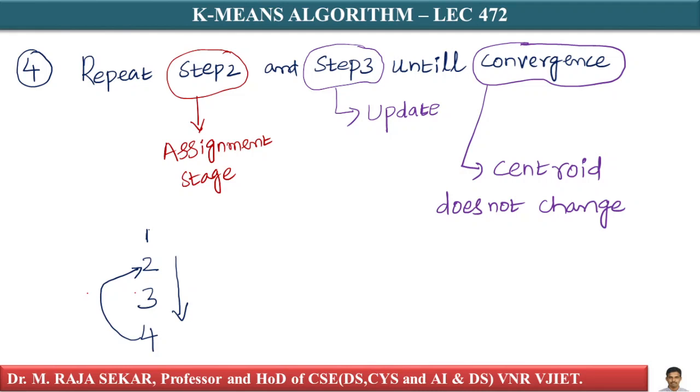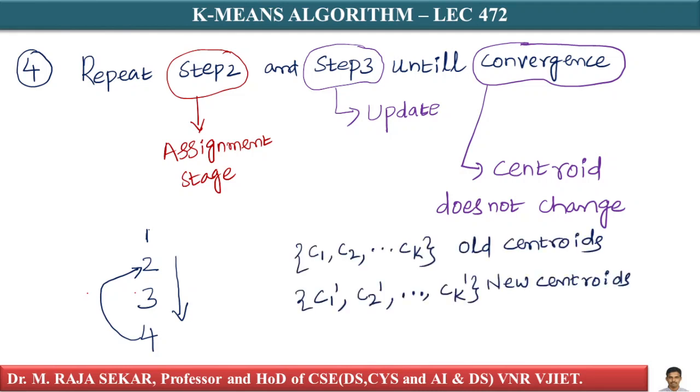Let us assume C1, C2, Ck are old centroids and C1 dash, C2 dash, so on, Ck dash are new centroids. Now if you compute C1 dash minus C1, C2 dash minus C2, so on, Ck dash minus Ck, and all of them are very small values, then at the update stage you have updated your centroids only slightly.